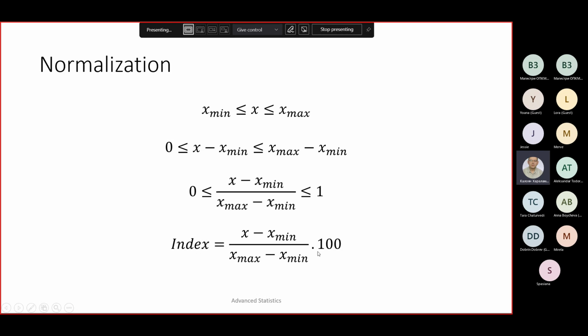We multiply by 100 again to obtain numbers which are similar to percentages. Again, they are not percentages, but they have an external similarity to percentages.